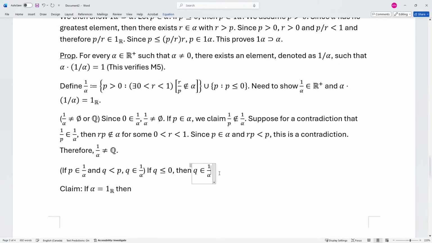So we just focus on the non-trivial part. Assume Q is greater than 0. Let's start by writing: let P be in 1 over alpha.